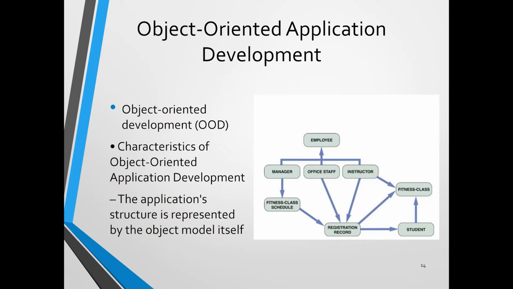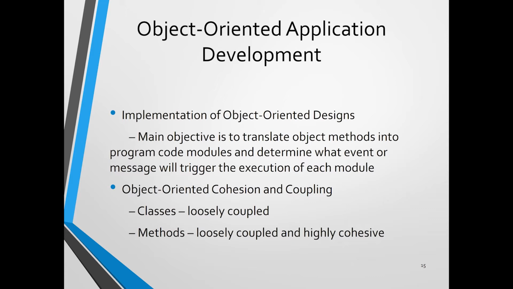In terms of object oriented, apart from the traditional approach, we may use object oriented as well, by just preparing the object model, like this. When you implement the object oriented designs, we have to translate object methods to program code modules.